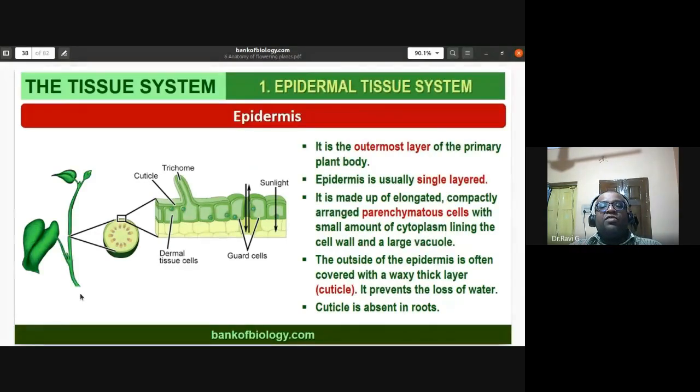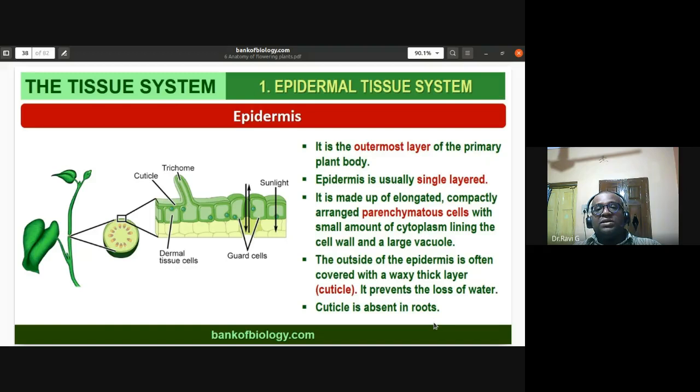It is made up of elongated, compactly arranged parenchymatous cells with a small amount of cytoplasm lining the cell wall and a large vacuole. What you notice, this empty space, is nothing but the large vacuole. The outside of the epidermis is often covered with a waxy thick layer, the cuticle, which prevents the loss of water. So cuticle is absent in roots.